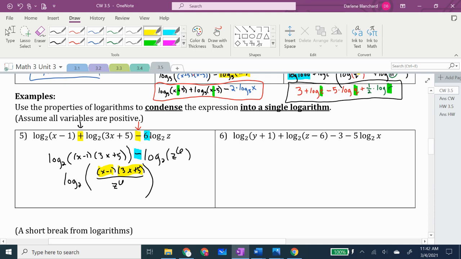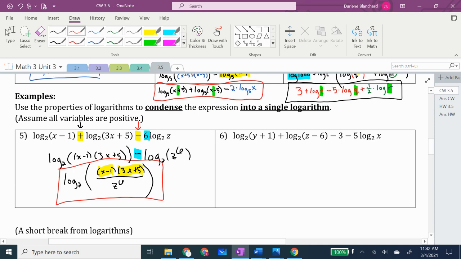I will consider this done as soon as everything is inside that logarithm. And this is just a factored version of simplified, but if you wanted to expand this, that would be a different version of simplified. But this is good enough to end with.